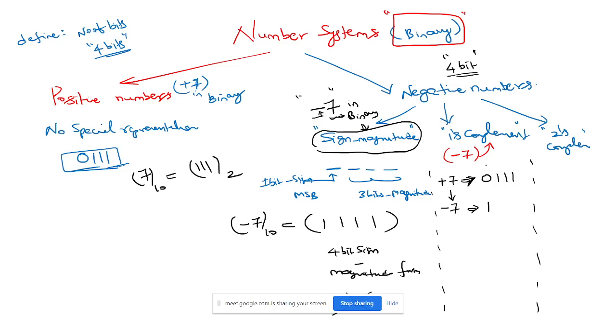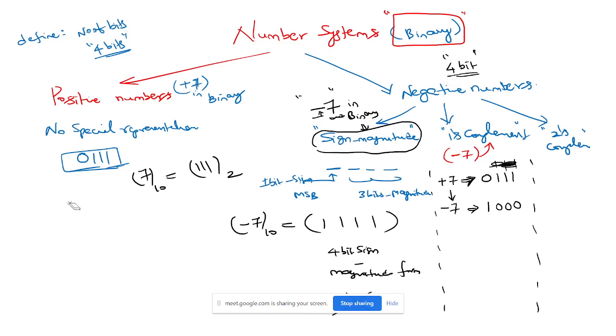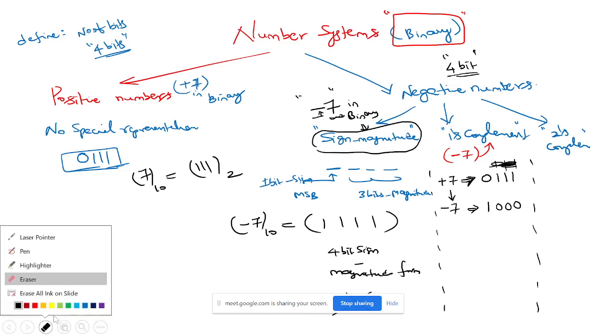Let's say 1 minus 0 is 1, 1 minus 1 is 0, 1 minus 1 is 0, 1 minus 1 is 0. I'm just telling you, there is a formula called R power n minus 1, so don't worry about all those things. I know you will anyways get it, okay? Don't worry about that. So just 1's complement form.